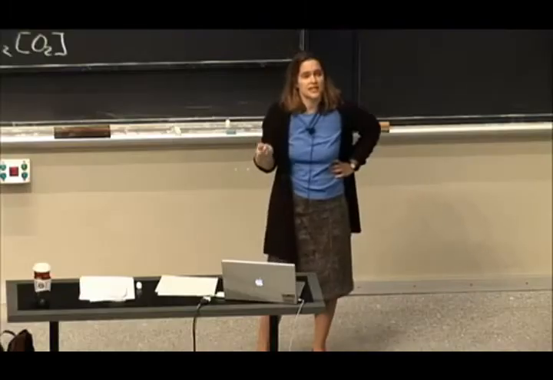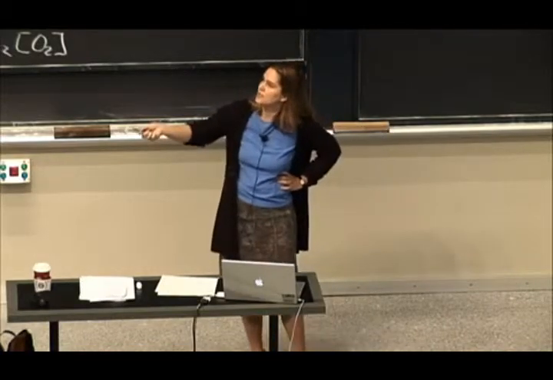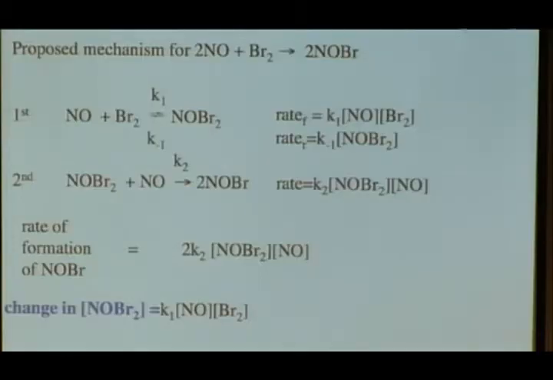And then we're going to consider how it's being decomposed. You told me before it gets decomposed in the reverse of the first step. So we have a minus sign because this is a negative change in concentration. It's being decomposed at the rate with a rate constant of k minus 1 times the concentration of that intermediate.